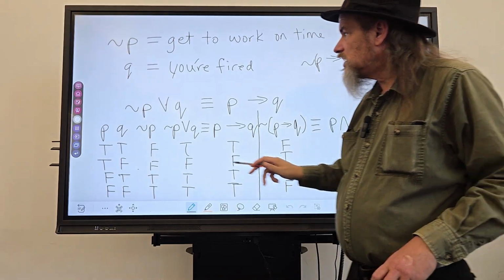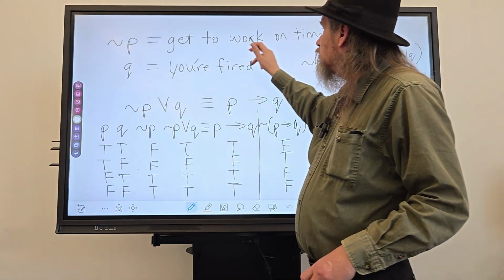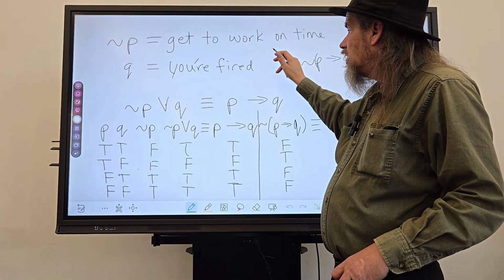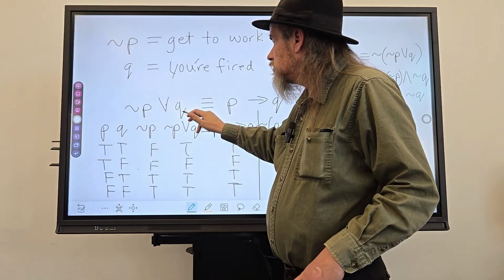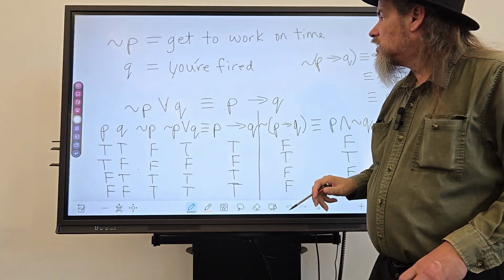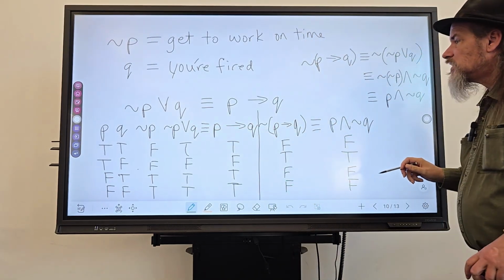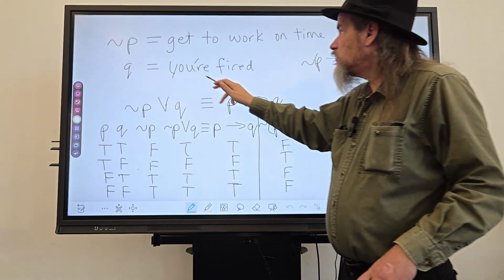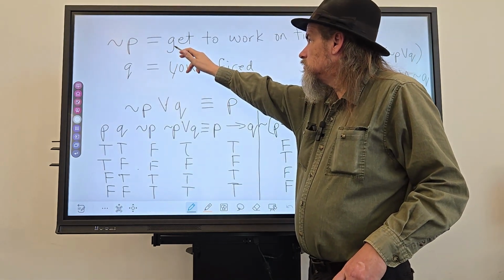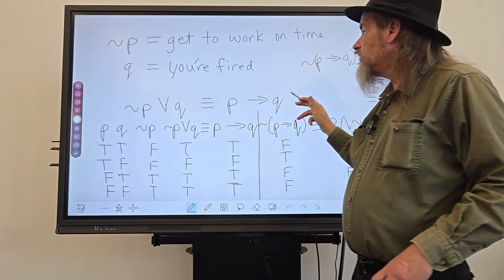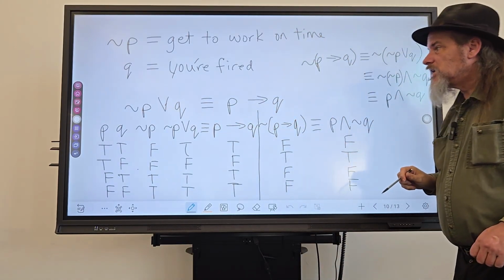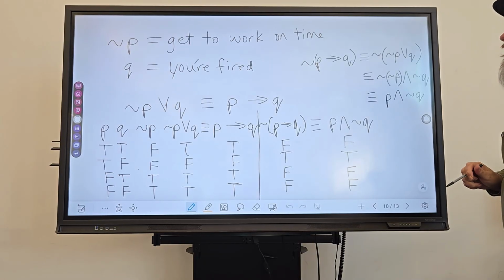So not P or Q: you get to work on time or you're fired. But if you don't get to work on time, P. If P, then Q. If you don't get to work on time, you're fired.